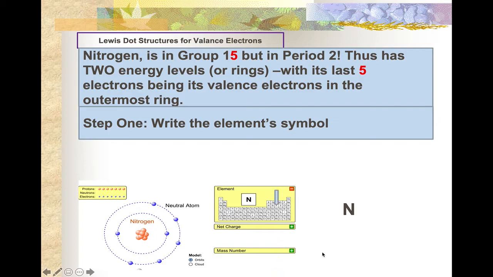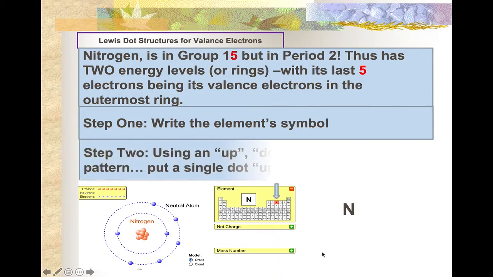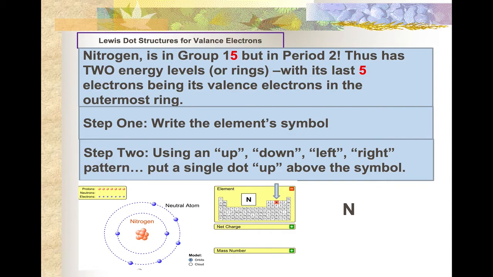So we're going to use the up, down, left, right pattern with the single dots. The first one goes up, the second one goes down, the third one goes on the left, the fourth one on the right. Then I start over again. Those guys, like you saw in your 1s box lines the other day, spin pair up.